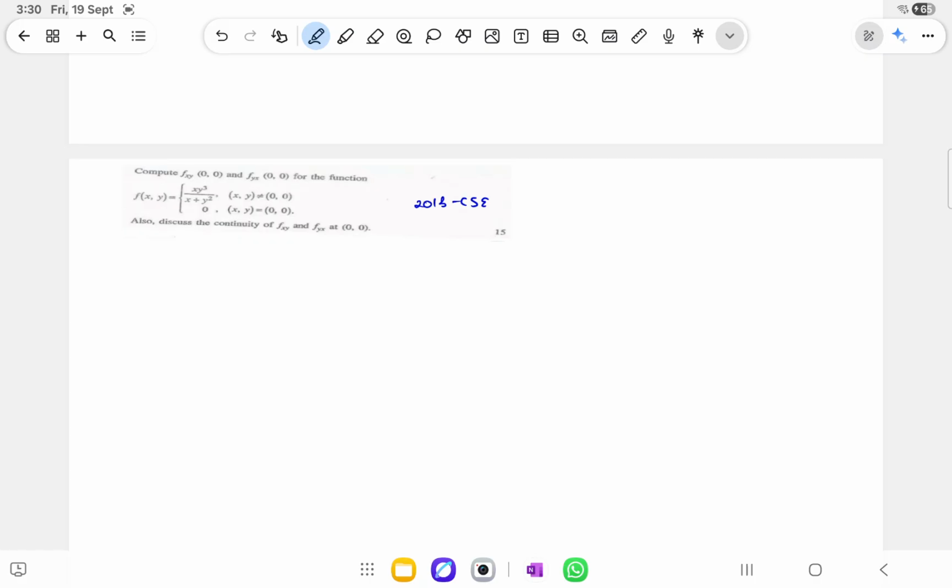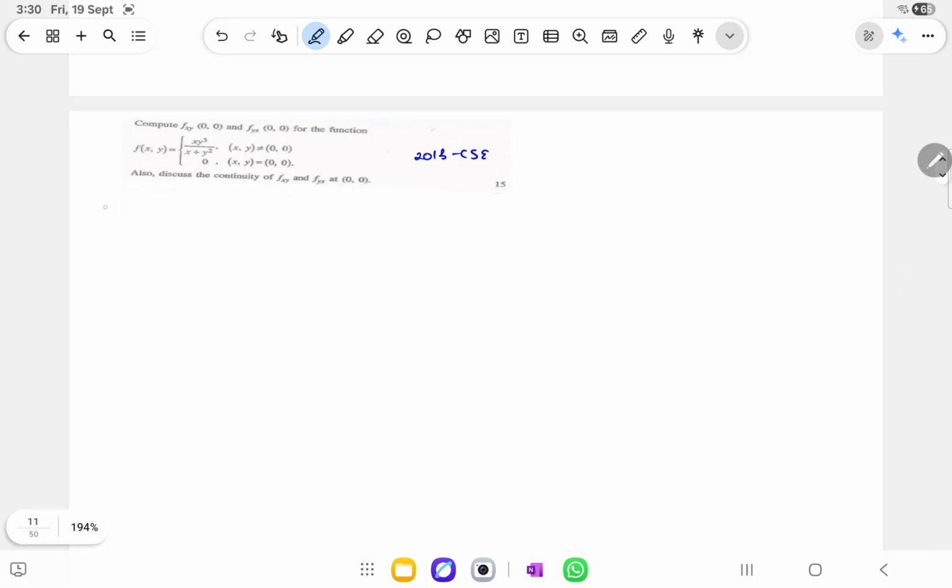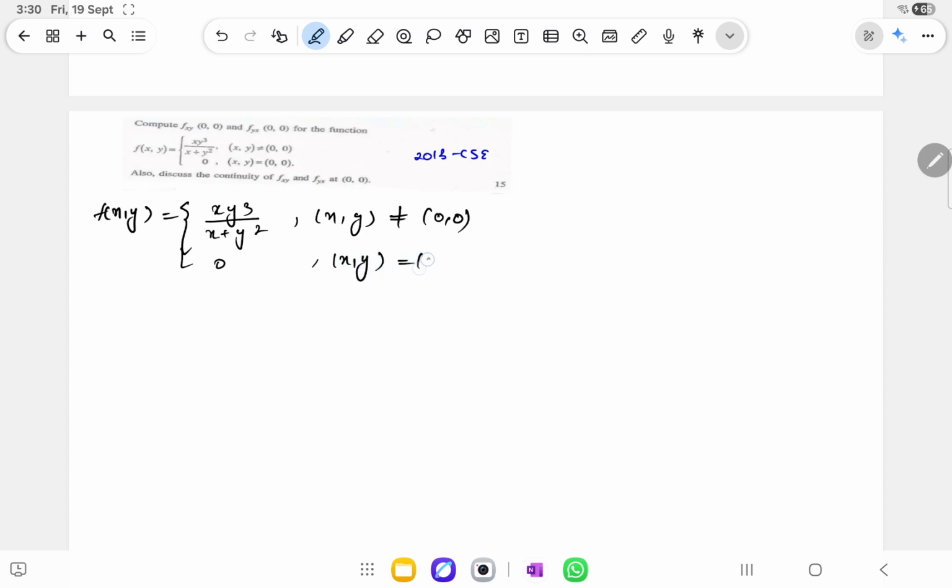Our f(x, y) is given to us as x y cube divided by x plus y square whenever (x, y) is not equal to 0 comma 0, and it is 0 whenever (x, y) is equal to 0 comma 0. So we are supposed to compute this.